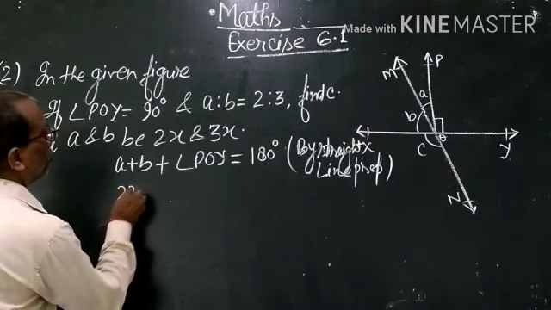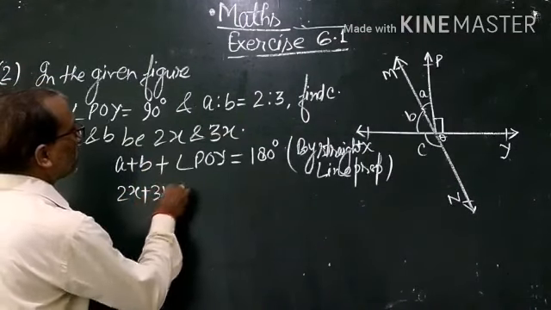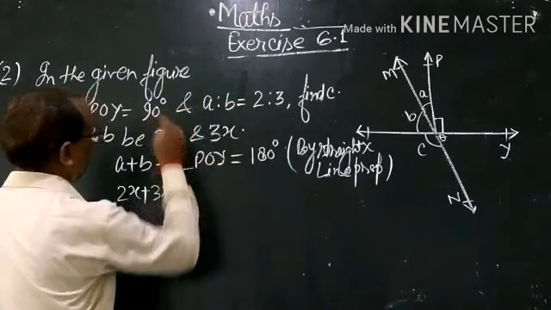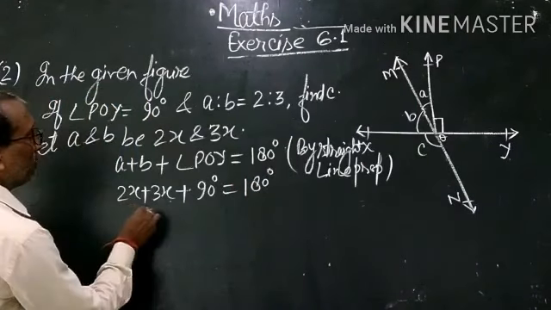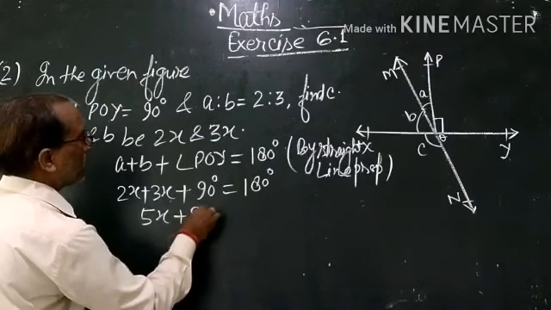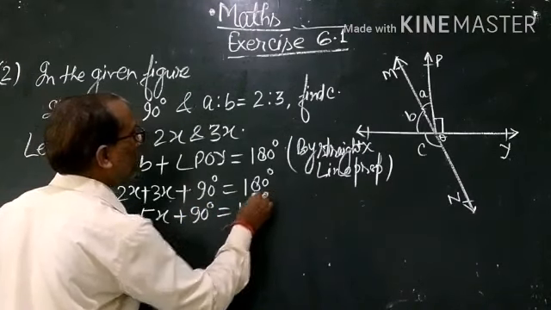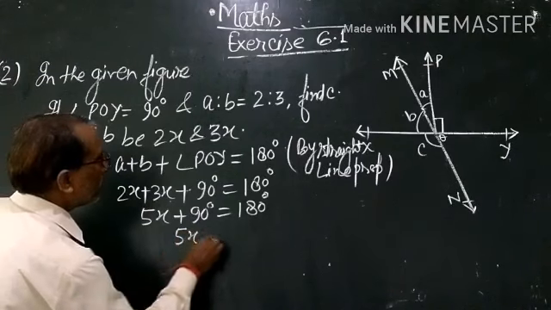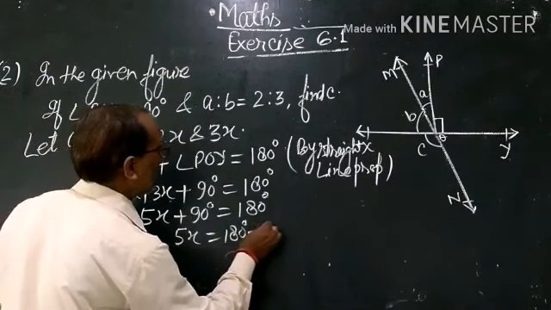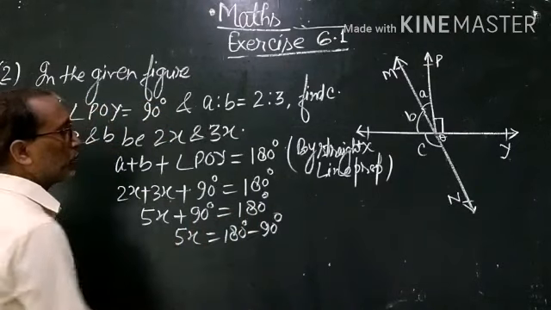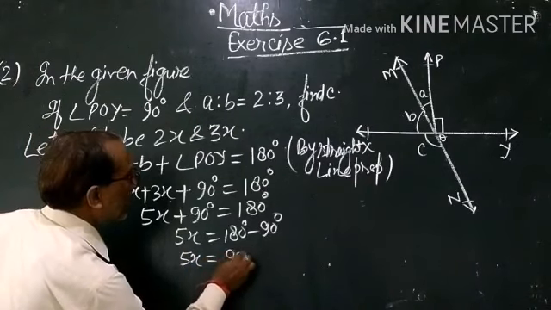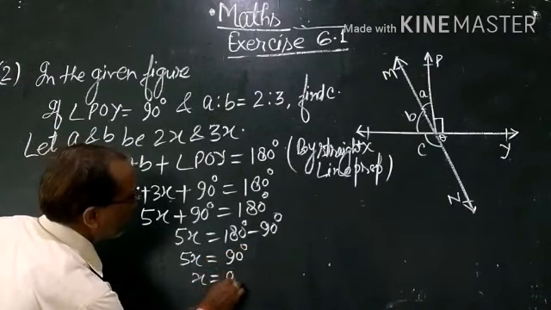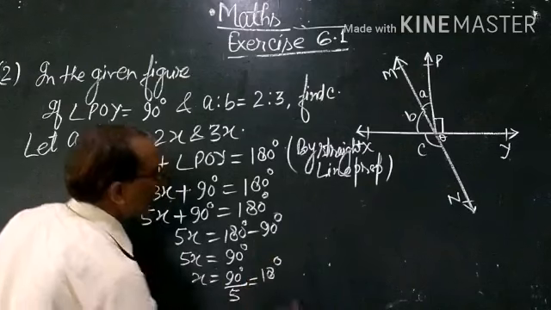A is 2x, B is 3x, and angle POY is equal to 90 degrees. This is 180 degrees. 5x plus 90 degrees is equal to 180 degrees. 5x is equal to 180 degrees minus 90 degrees. This is transposed here. 5x is equal to 90 degrees. x is equal to 90 degrees upon 5, that is 18 degrees.